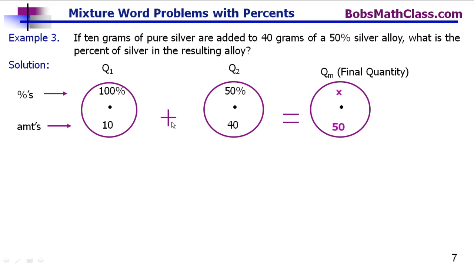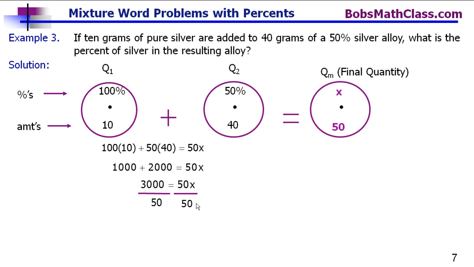Multiply these two plus the product of these two equals the product of these two. Multiply that, that's 1,000. 5 times 4 is 20, and then add the two zeros. So 1,000 plus 2,000 is 3,000, divide both sides by 50, and we get 60. Is that grams or is that a percent?